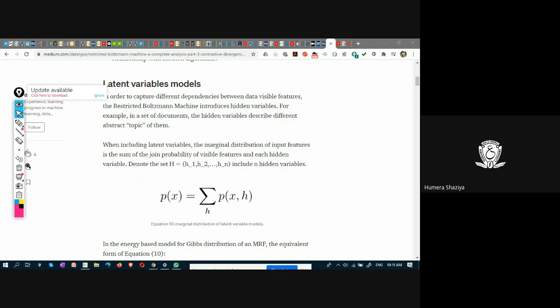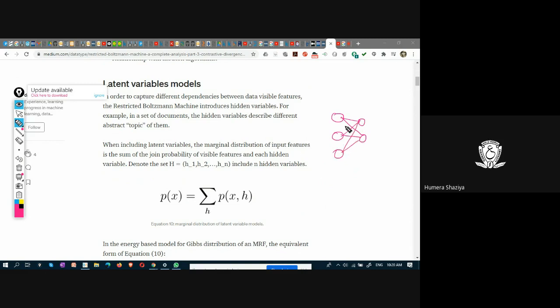Look at here, this probability of X and H. This H is nothing but hidden layer, hidden variable. And H is the total number of hidden variables. Probability of X is the input. So P of X is nothing but the sum of P of X with every hidden, because here every node in the visible layer is connected to every node in the hidden layer.